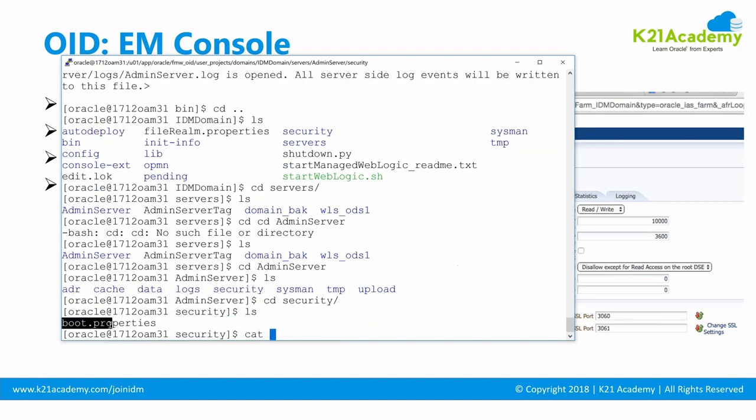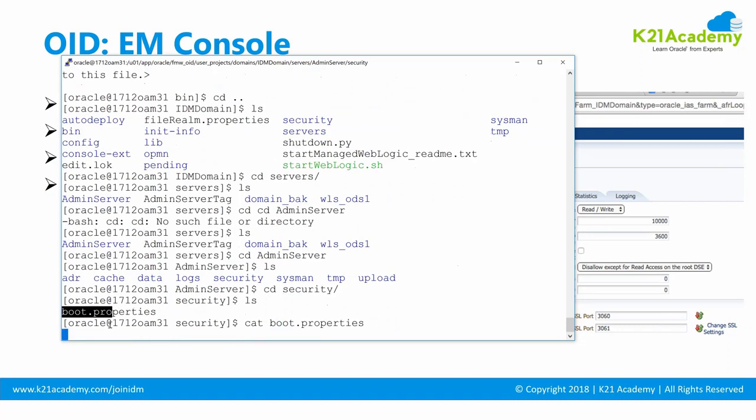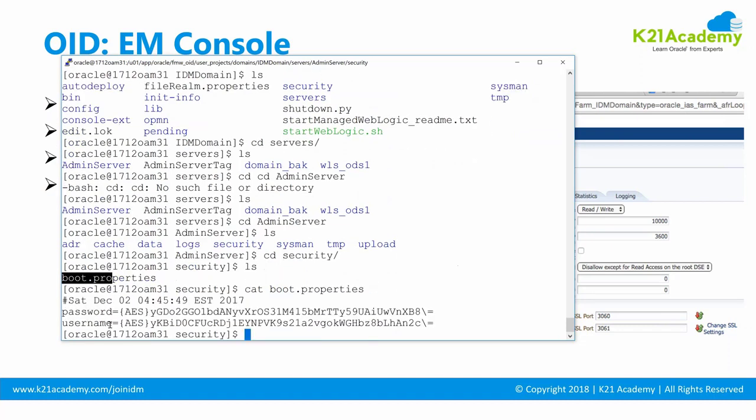I create a boot.properties file with a simple username equal to weblogic in clear text, and password equal to the password of the WebLogic user. When the server starts, it automatically obfuscates this using the AES algorithm, and this is what you see here.